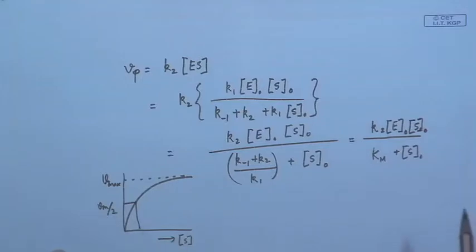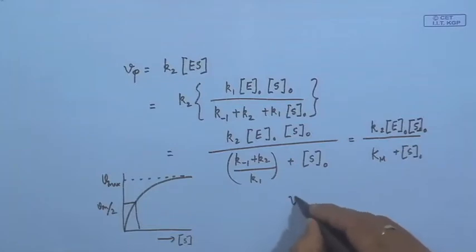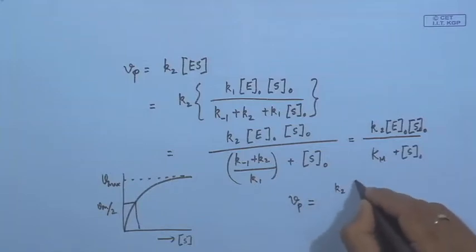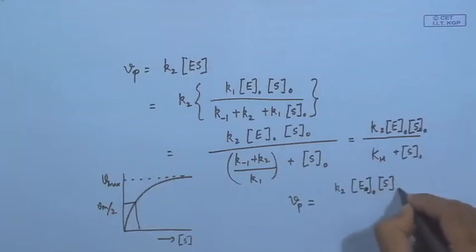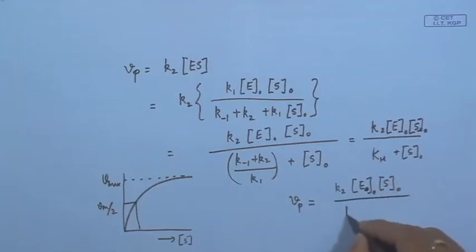Okay. So, this is your V, this is your Vp. Vp is equal to K2 into E0 S0 divided by Km plus S0. Okay.